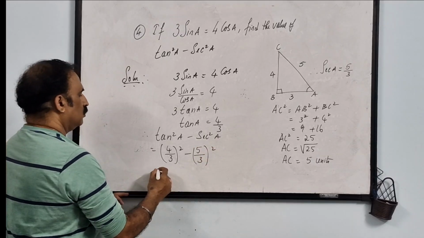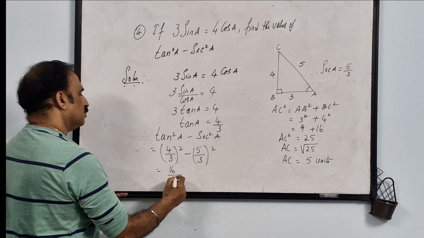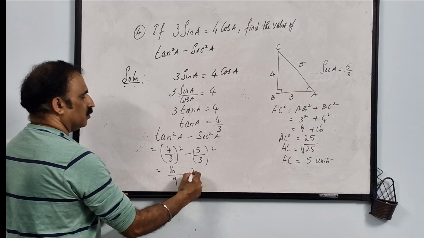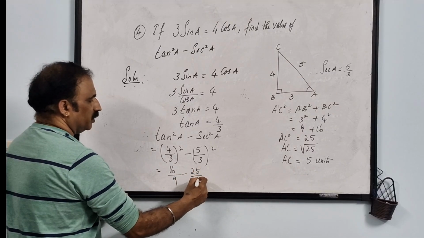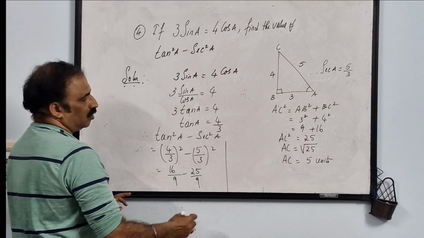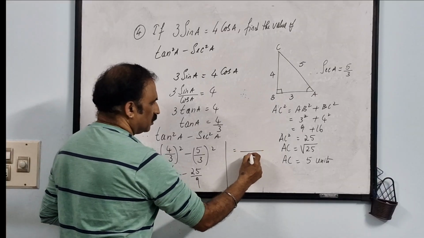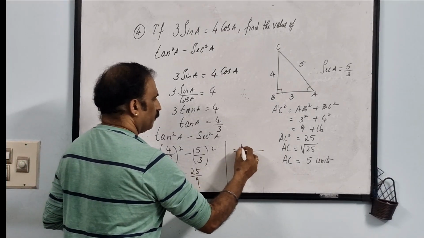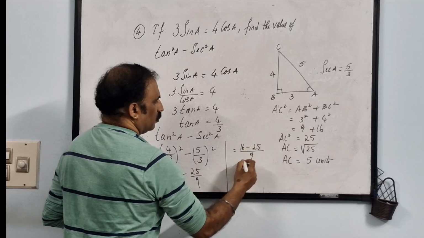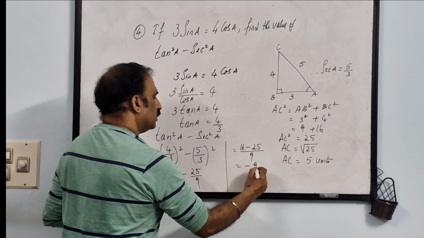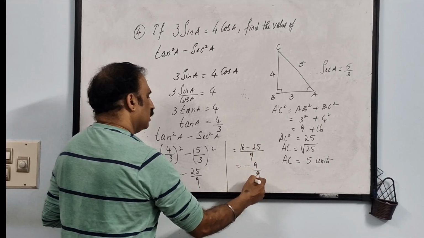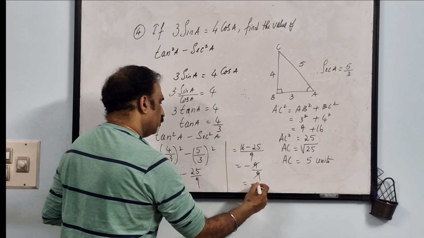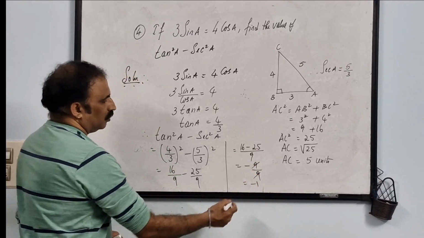So 4 square is going to be 16, 3 square is 9, 5 square is 25, 3 square is going to be 9. Further, the common LCM is 9. So 16 minus 25. 16 minus 25 is minus 9 divided by 9. Cancels, it is equal to minus 1.